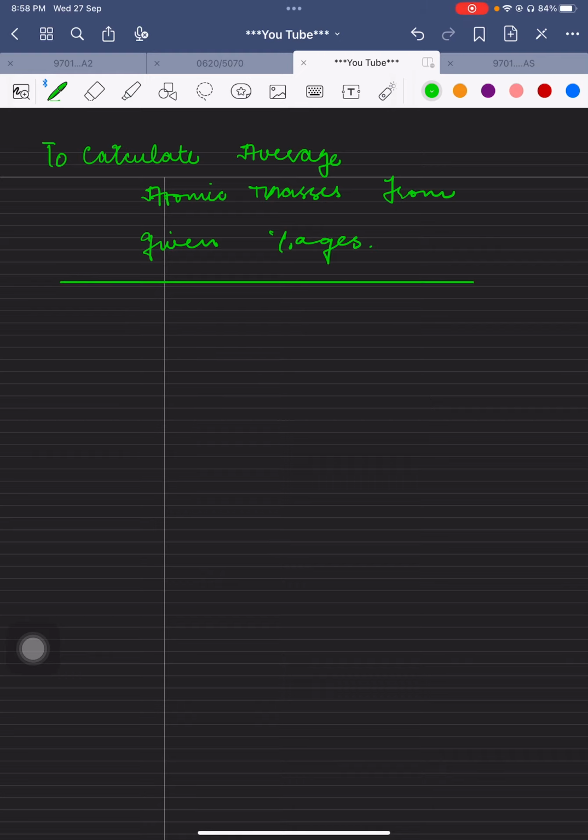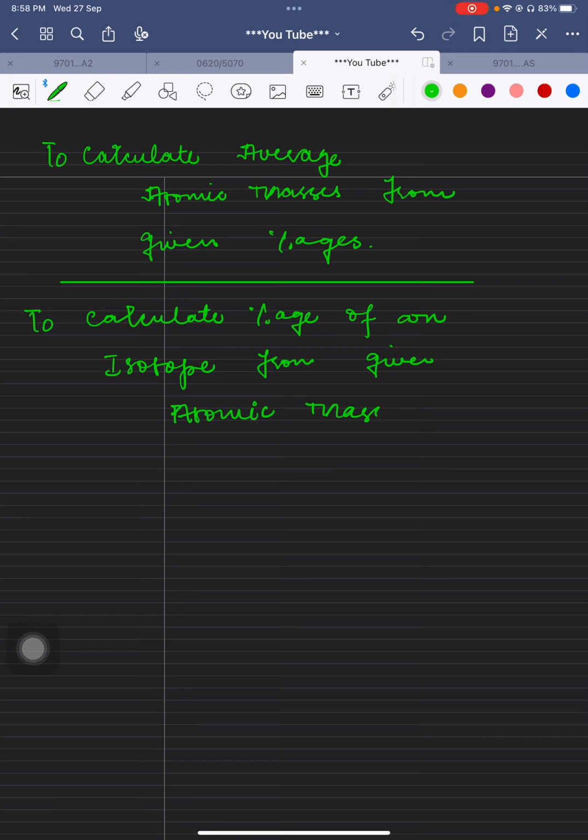Number two, to calculate the percentage of an isotope from given atomic masses. So this was the target number one, which we have already achieved.